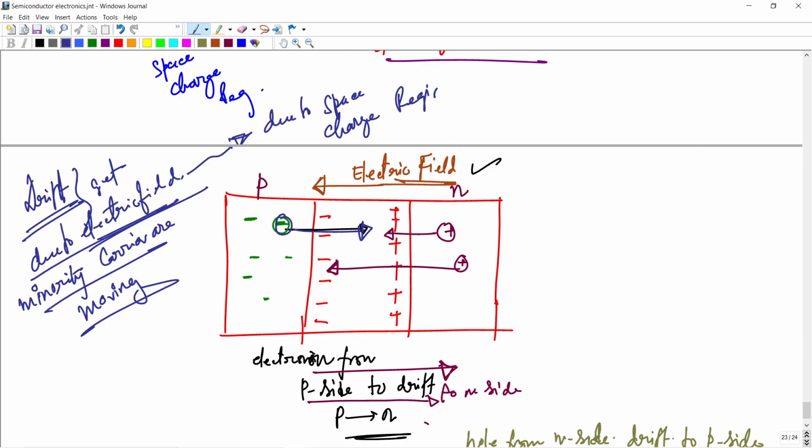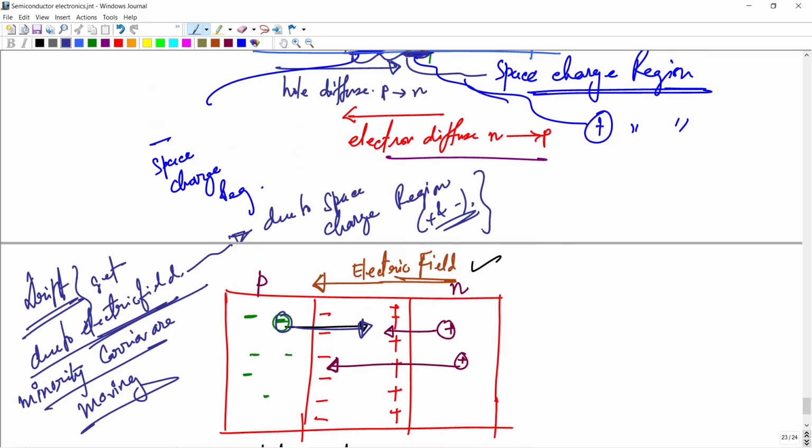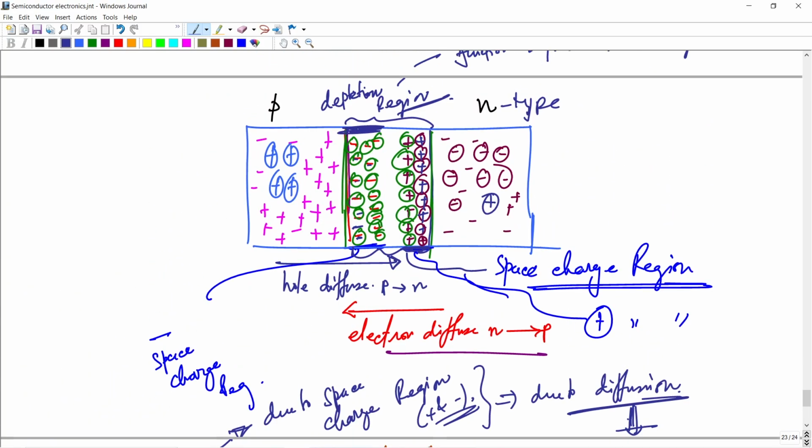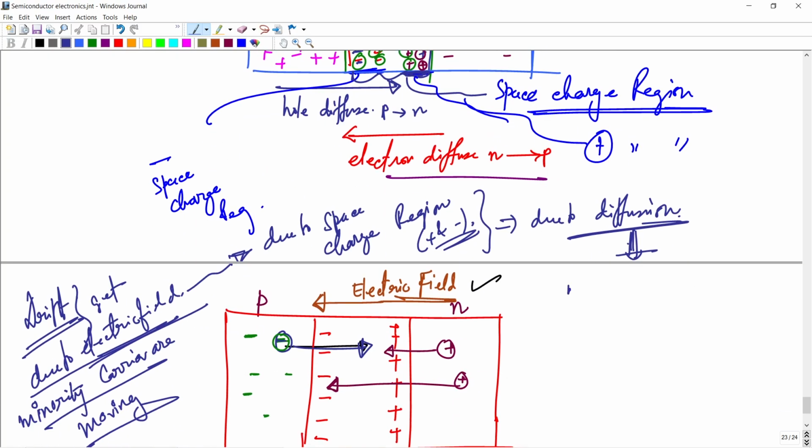There are two space charge regions, positive and negative, and the space charge region is created due to majority carrier diffusion. This diffusion is created due to the concentration gradient for the majority carrier.